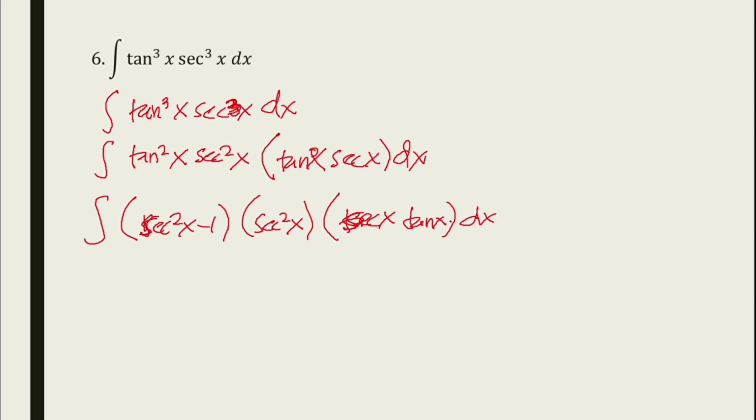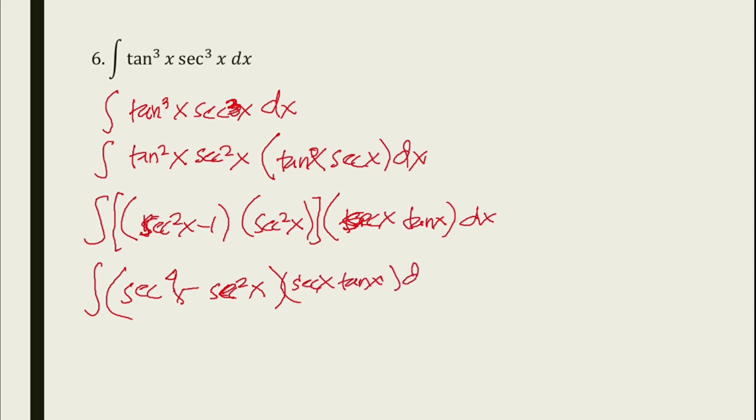So we have to distribute this part. The integral of secant to the 4th x minus secant squared x, times sec x tan x dx.